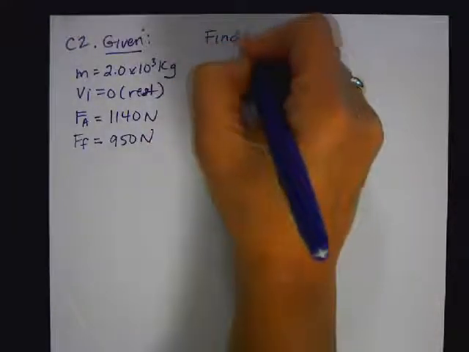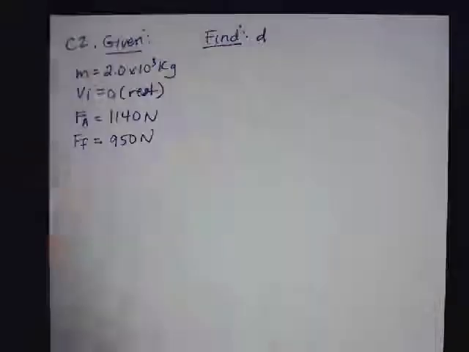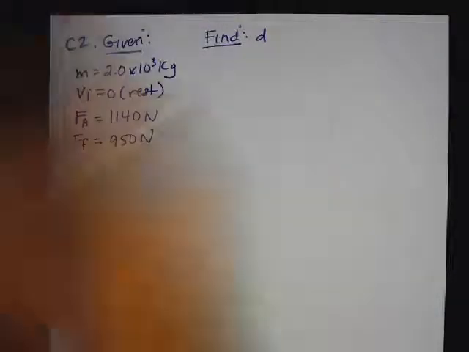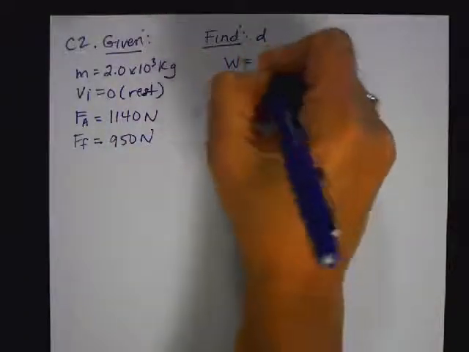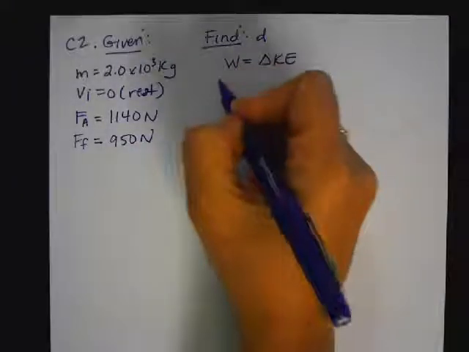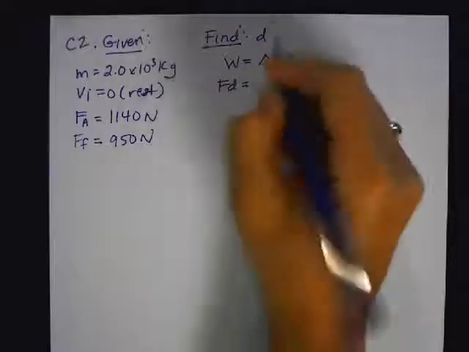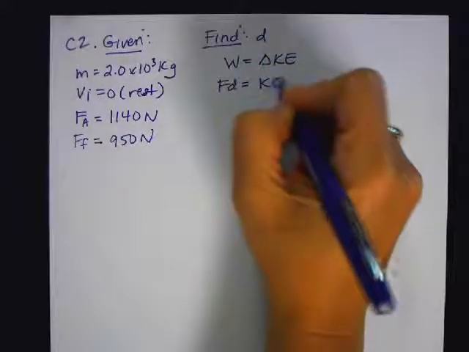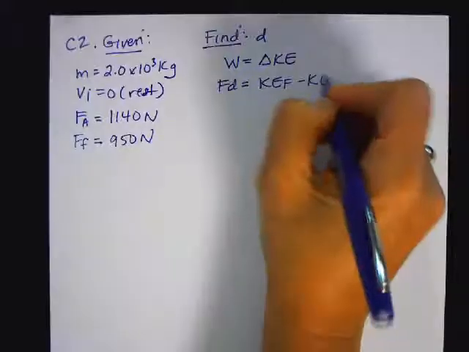So how far the car travels is d. So the work kinetic energy theorem says work is equal to the change in kinetic energy. And we learn that work is equal to FD, and the change in kinetic energy is KEF minus KEI.